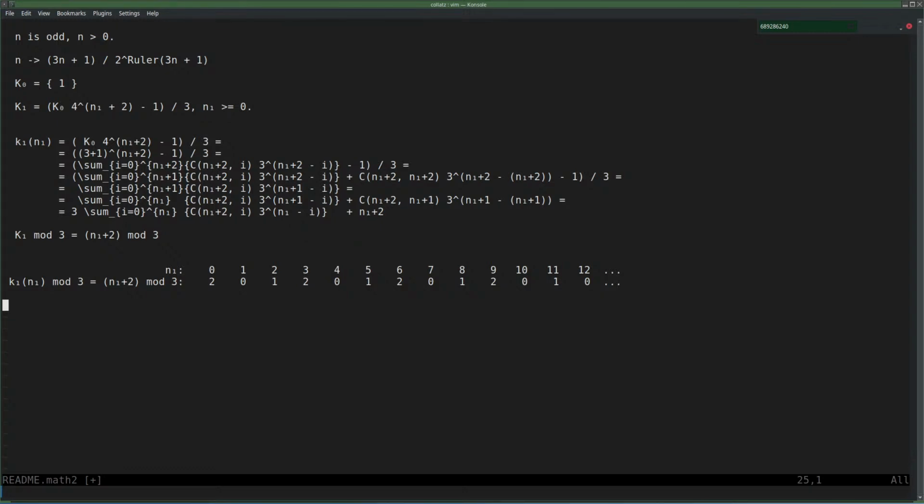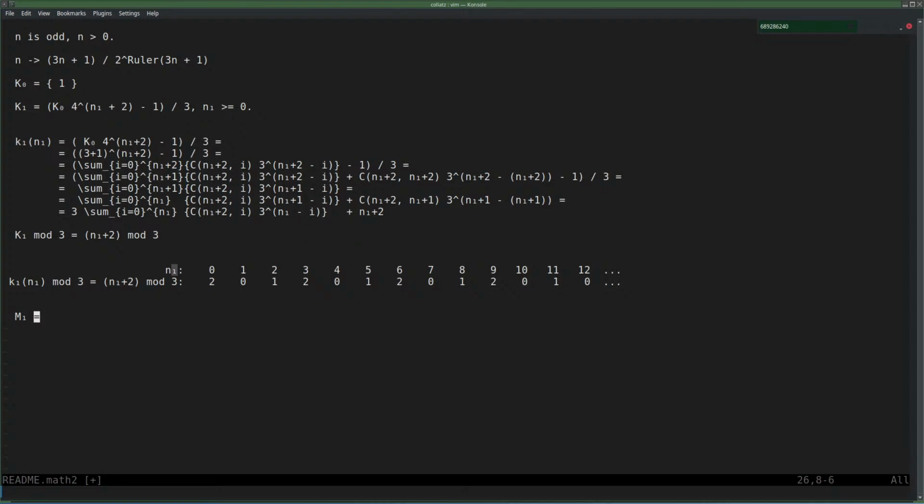Okay, now I want to define the set M1 to be... And like I said, the formula is at least as non-understandable as this.